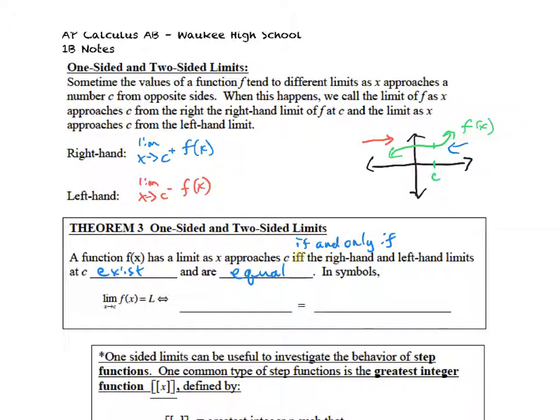So that means if a function has a limit, then the left-hand limit and the right-hand limit must be the same thing as the limit as x approaches c from both sides. Got the colors backwards, but you have the idea. So that's the idea behind one and two-sided limits.